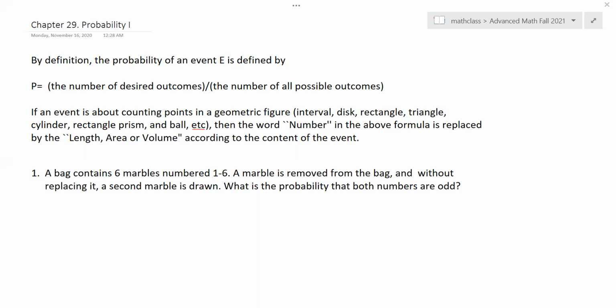The numerator usually has some conditions imposed, so it is usually smaller than the number in the denominator. So the probability is always a value between 0 and 1. Let's take a look at the first problem.